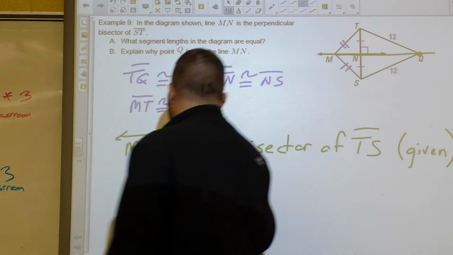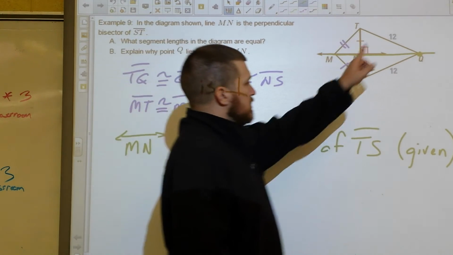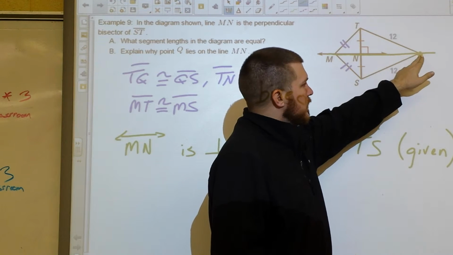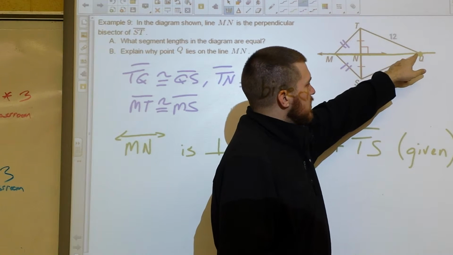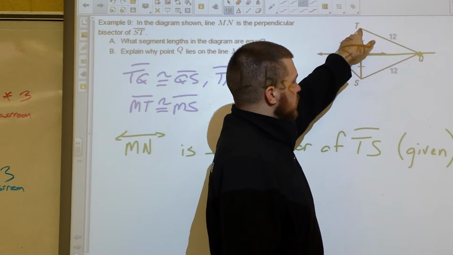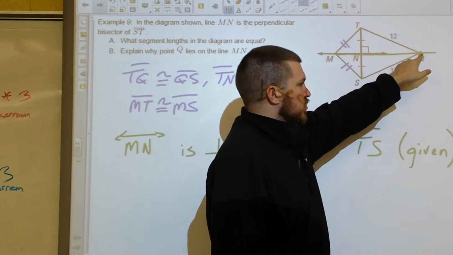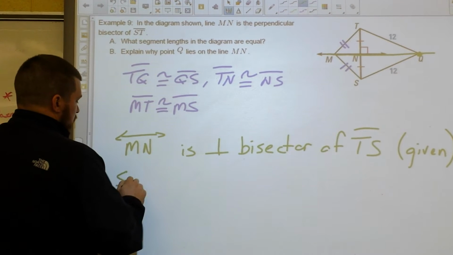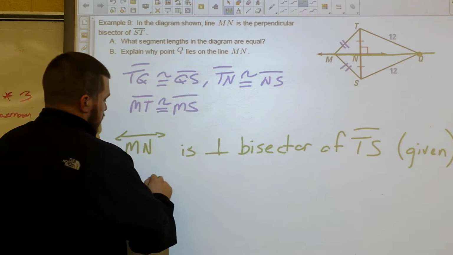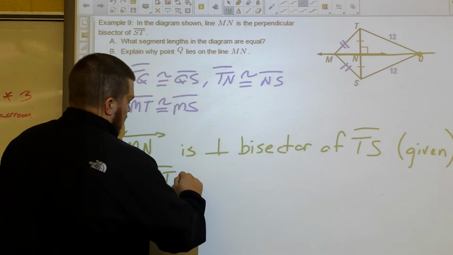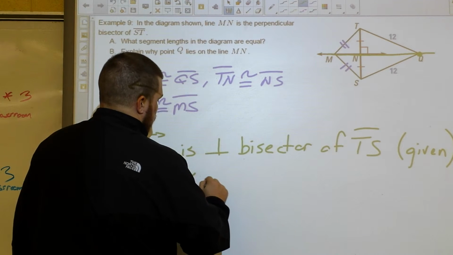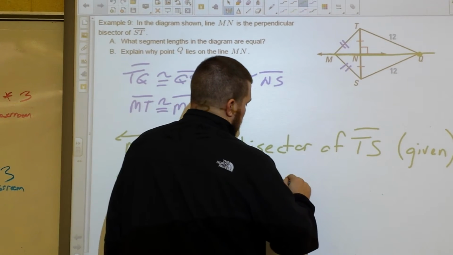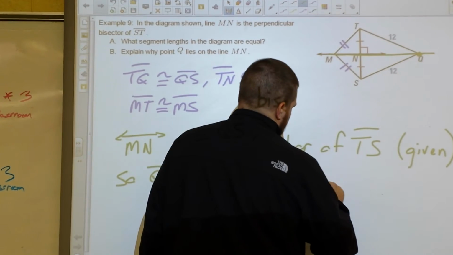Well, on the previous page, we had a rule that said that if a point lives on the perpendicular bisector, then the distance from the point to each endpoint of the segment is going to be the same. So, in this particular picture, since QT is congruent to QS, that means Q is on the perpendicular bisector.